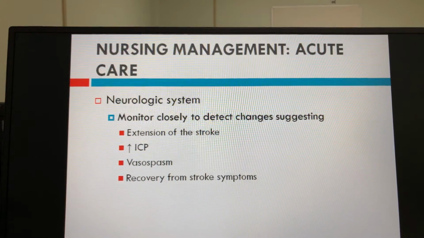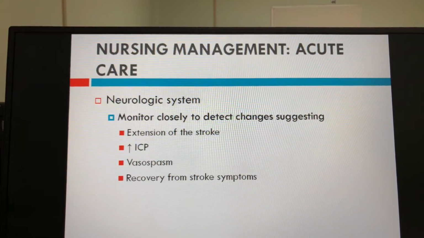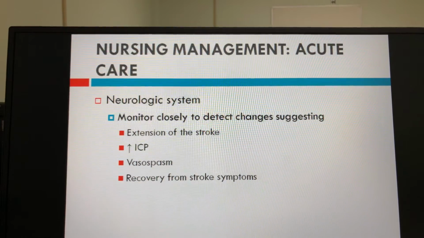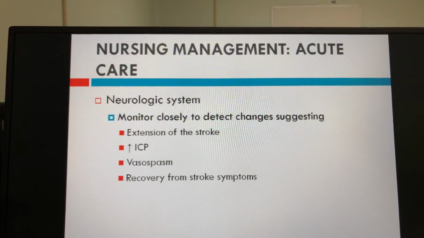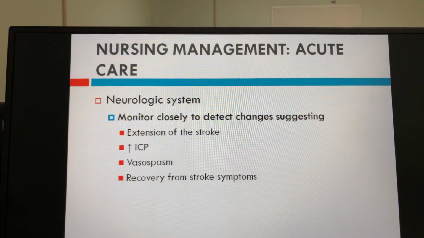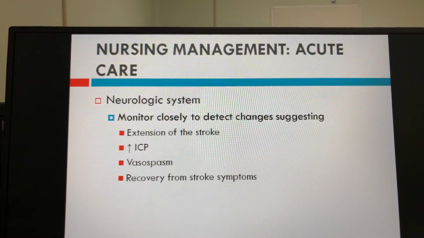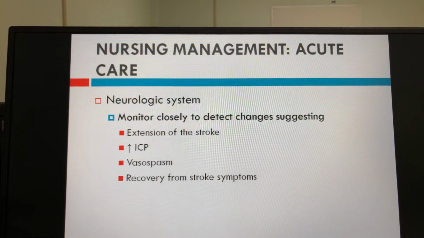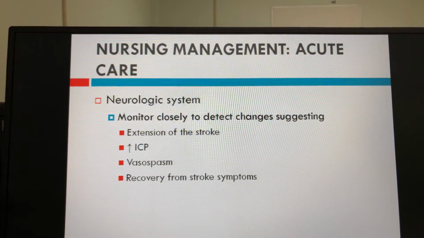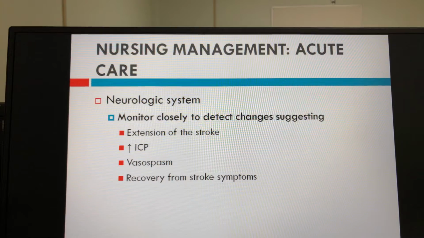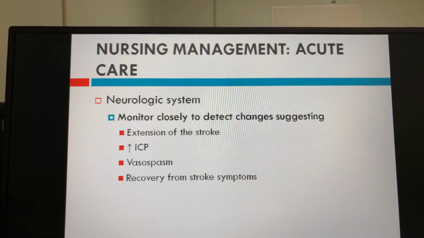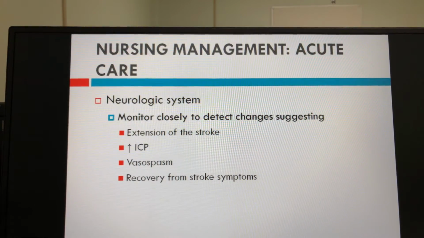We want to record our nursing assessment in our flow sheets, and that recording should reflect a story of the patient. It should show communication of the patient's neurologic status.